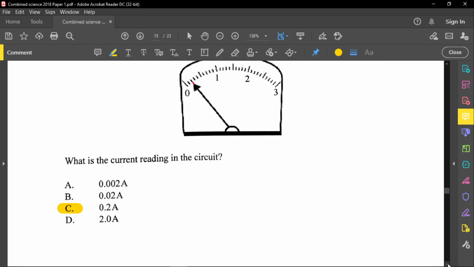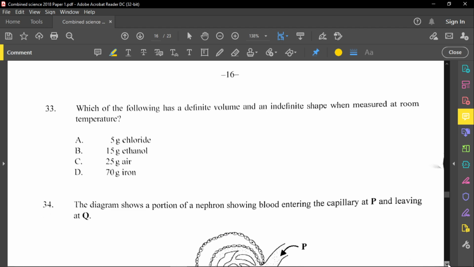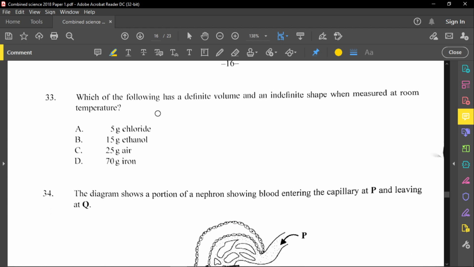All right, going to the next question here, moving a little bit fast to finish this in time. So 33, it said which of the following has a definite volume and an indefinite shape when measured at room temperature? In other words, this substance is describing a liquid.